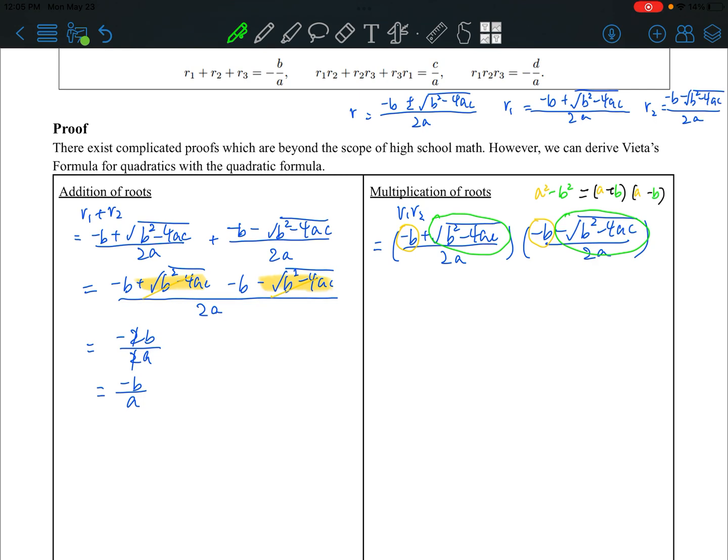So over here, a corresponds to negative b, while b corresponds to the green circled thing, the square root of b squared minus 4ac.